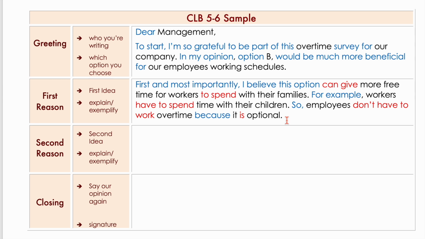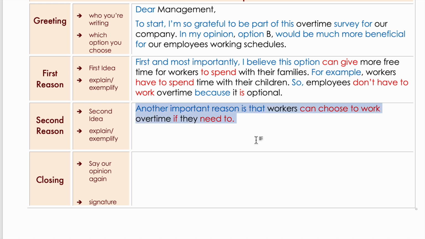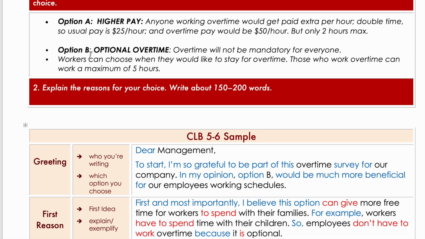Okay, so now let's get to the second reason. Another important reason is that workers can choose to work overtime if they need to. Okay, so again, remember this option B is optional.